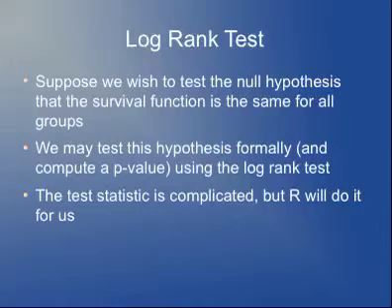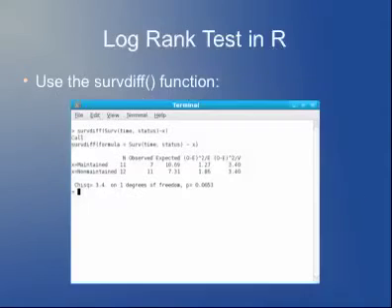Or more specifically, let's say we want to test the null hypothesis that the extended dose of chemotherapy has no effect on the survival of AML patients. Turns out there's a test that you can do for this that's called the log rank test. And this test statistic is complicated, but R will calculate it for us, so I won't bore you with the details of how it's calculated.